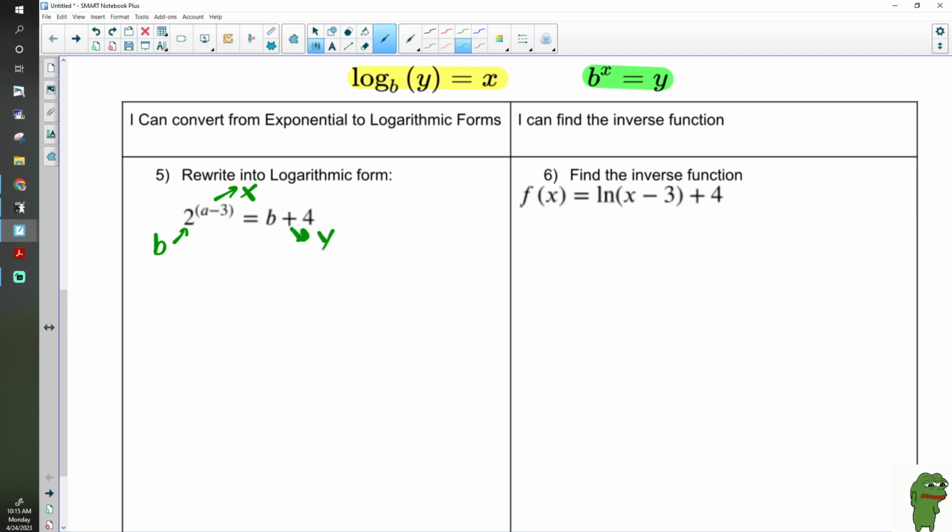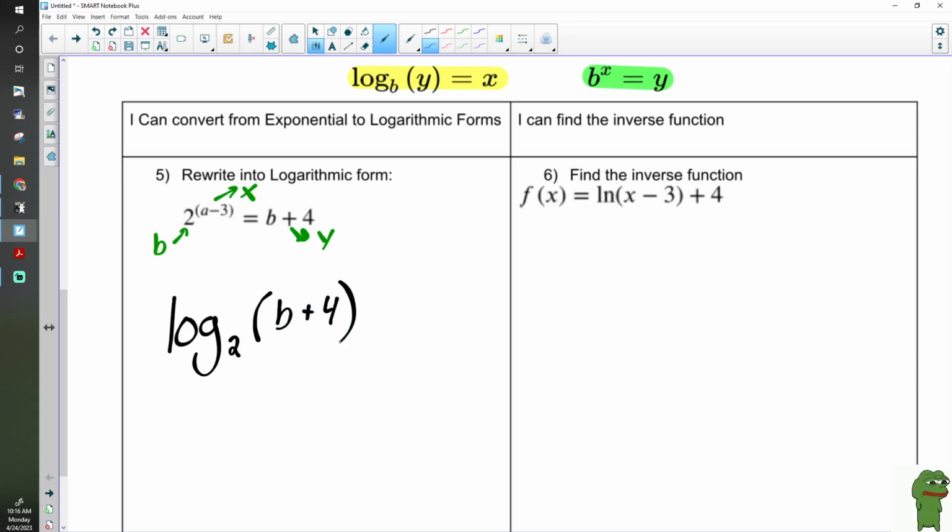Okay? And now I'm going to rewrite it as a logarithm and make sure I put my b, y, and x in those right spots. So I'm going to have log. My b we said was 2, so base of 2. On the inside, we're going to put the y, which was b plus 4, the whole thing.